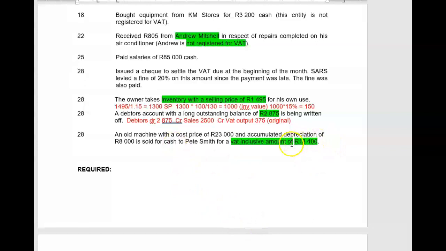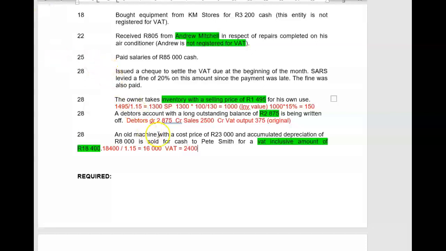So that means whenever I'm going to sell that asset, the receiver of revenue says, don't get too excited because although you received 18,400 Rand for that machine, only 16,000 Rand is yours. The difference between the two equals VAT that you have to pay over to me now.